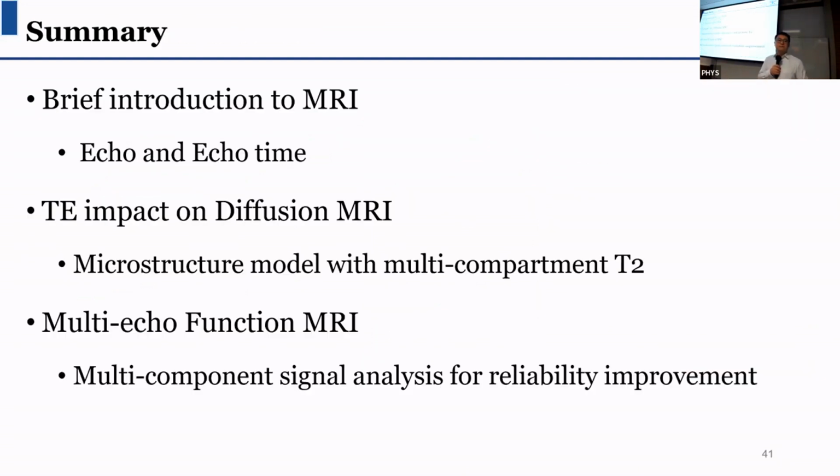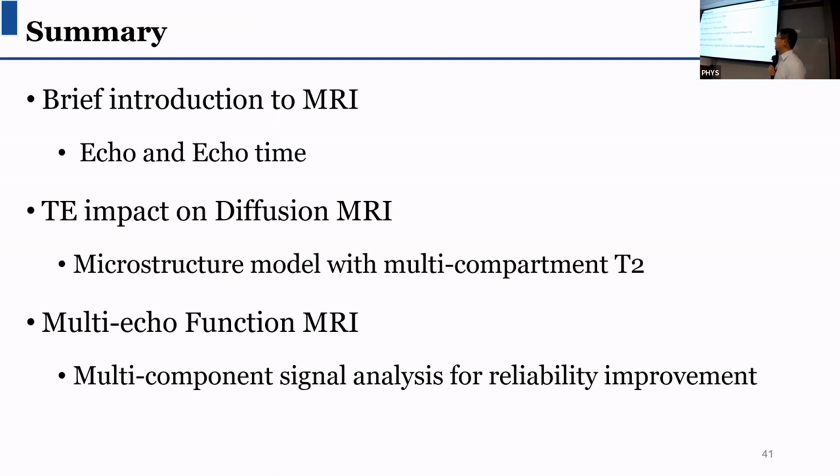acquisition method. So with that, I want to summarize my talk very briefly. In three parts, I first introduced briefly the echo in functional MRI and the echo time, and how we define the echo time. The second part is I briefly talked about the microstructure model and how important T2* is to our observation.